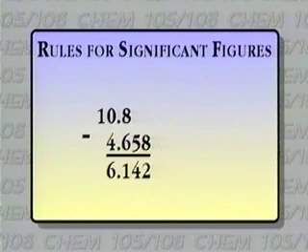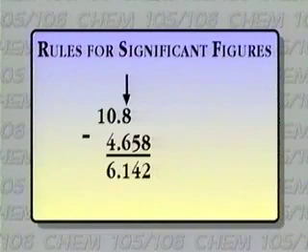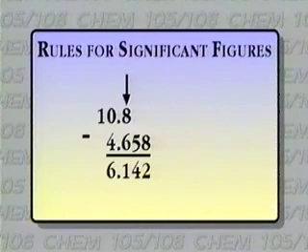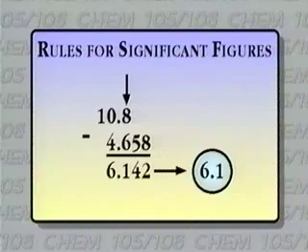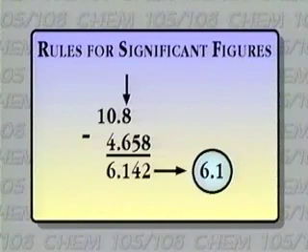Just one, because that's all that's in the first number, the 10.8. And so my correctly written answer would be 6.1. So we had 3 significant figures and 4 significant figures, and we ended with an answer with 2 significant figures.